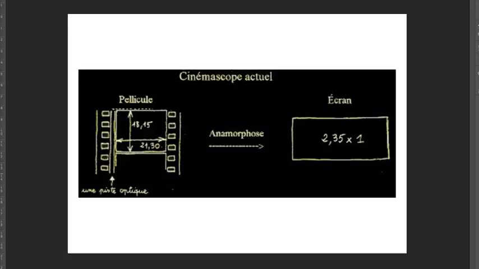So here's what it looks like, because let's be honest, it's a little too much numbers and maths for us, but basically it means that if the length of the picture is 2.35, the height is 1. So 2.35 and 1. And yes, you will need a calculator for this.